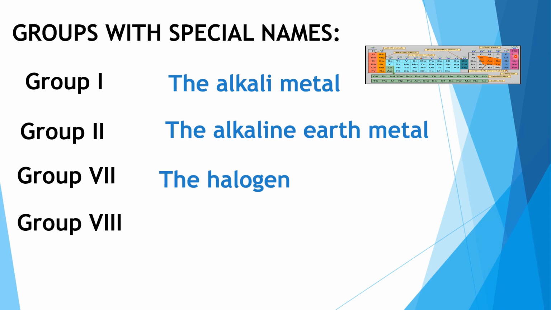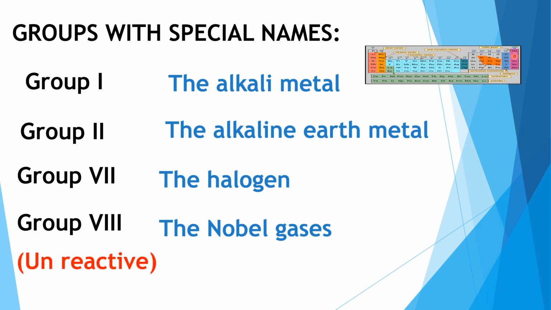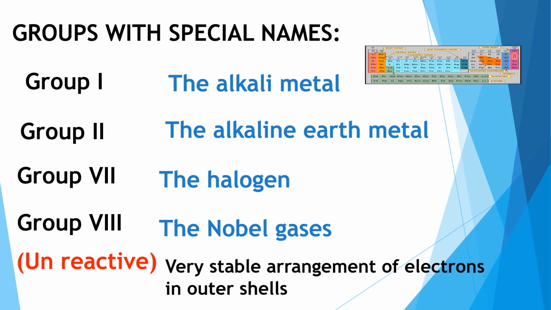And group 8 is called the noble gases. They are unreactive because they have a very stable arrangement of electrons in their outer shells. This is group 1, group 2, group 3, group 4, group 5, group 6, group 7, the halogens, and group 8, the noble gases.